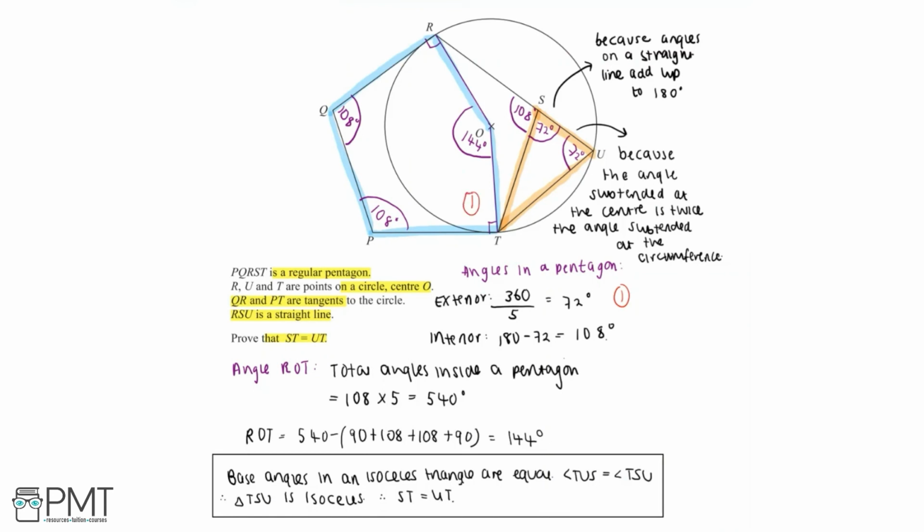We get the third mark for a method to find the angle ROT, and so we did this by using the fact that the total angles inside a pentagon add up to 540 degrees, and so we found the angle ROT is equal to 144 degrees. We get the fourth mark for a method to find angle RUT, with a reason. So we said the angle RUT is equal to 72 degrees, and our reason is that the angle at the centre is twice the angle at the circumference, and so we did this using our knowledge of circle theorems.